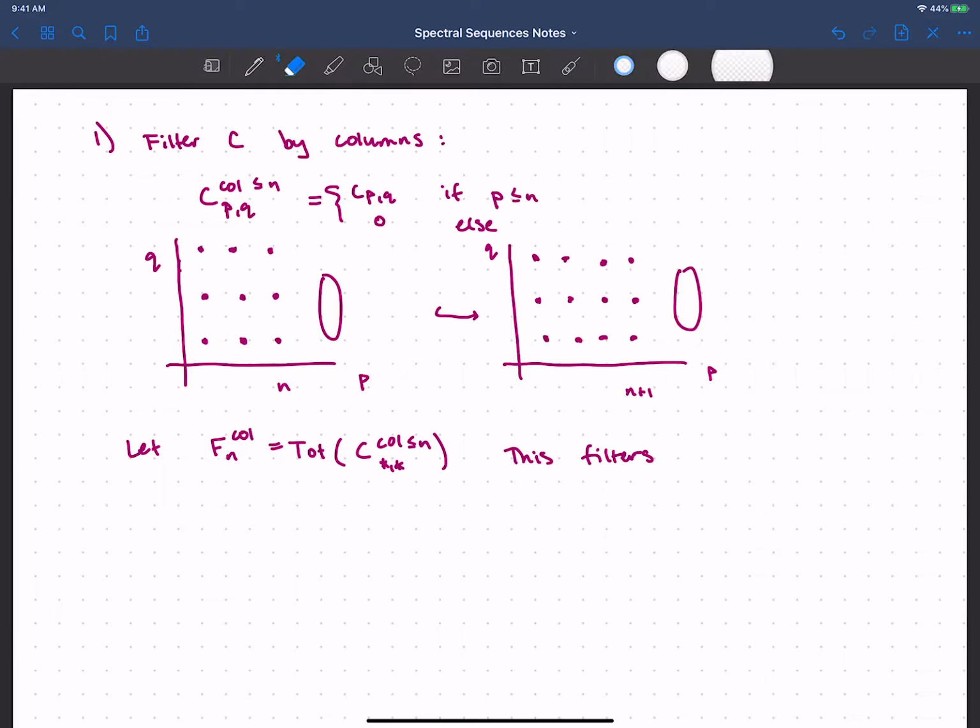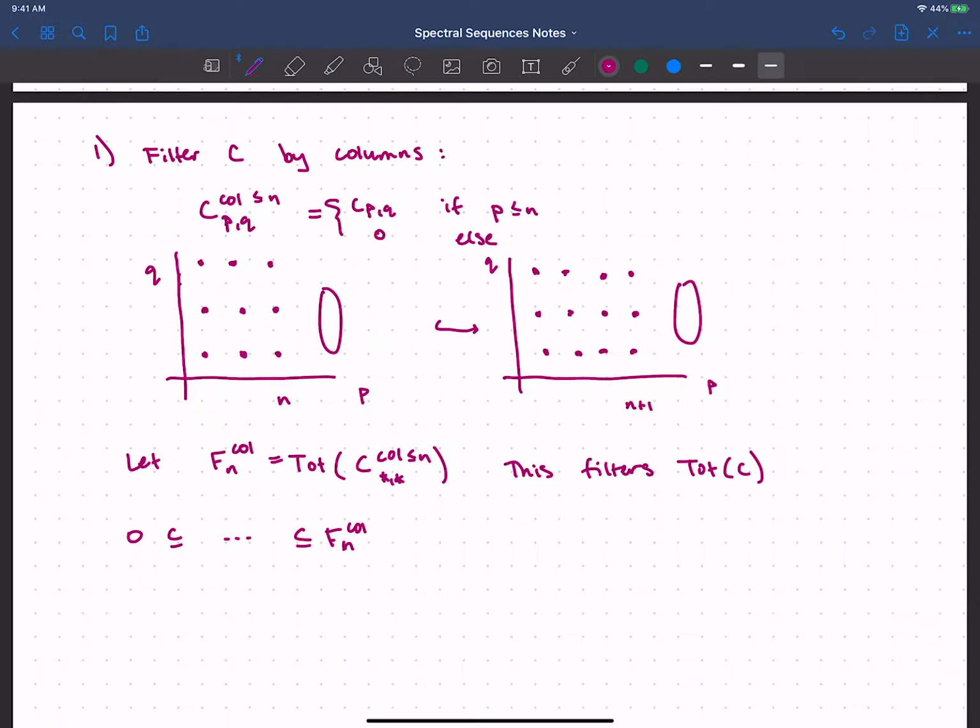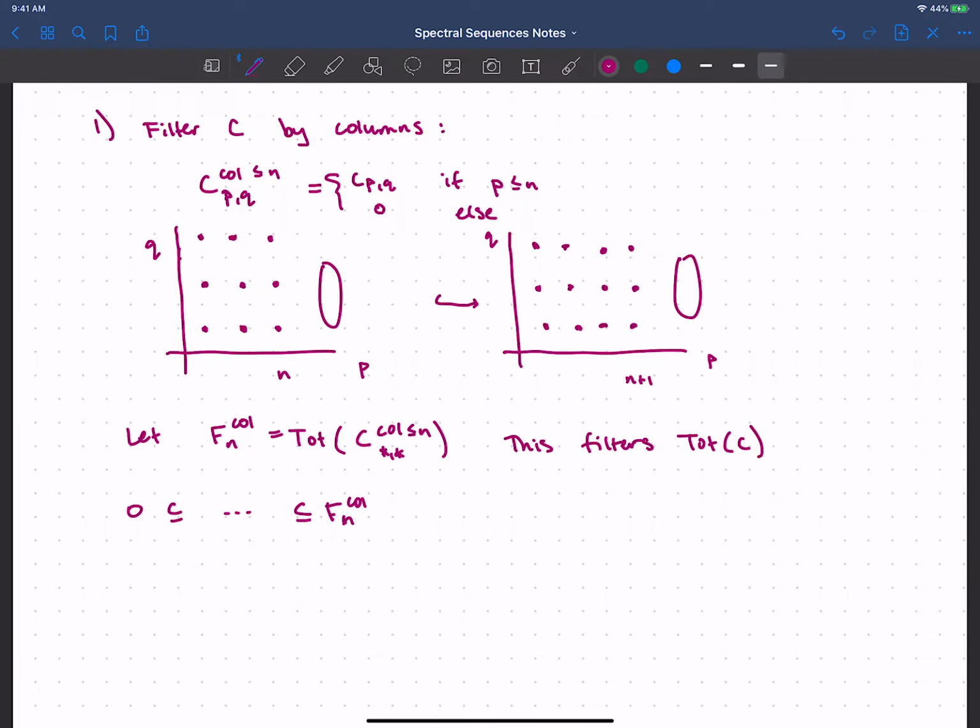Maybe not immediately, but we can see that this does filter our total complex. So we've got 0 sits inside, and then this F_n C, the total complex of this piece, sits inside the total complex for the n plus first piece, and so on. And if we kept going forever, then of course we would get everything. And so yes, we have filtered the total complex.